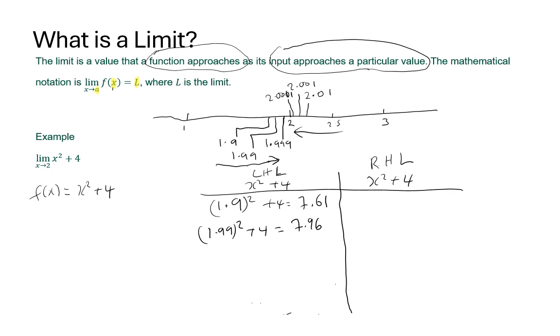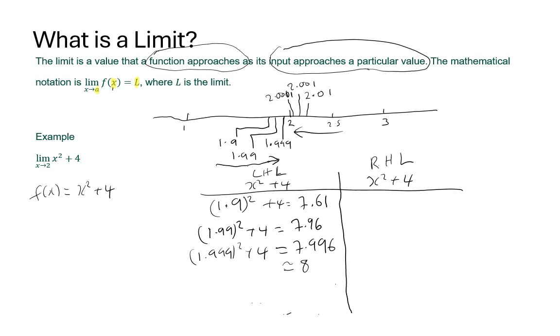So 1.999 squared plus 4 will give us approximately 7.996. Now let's take the right hand side limit and see.